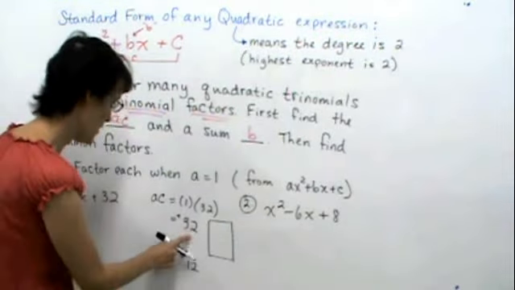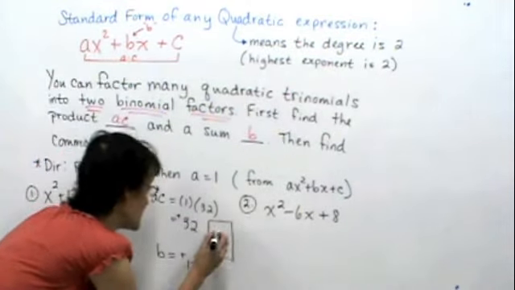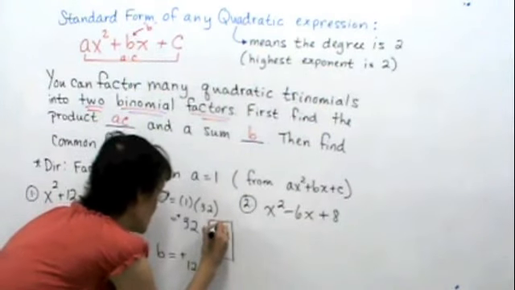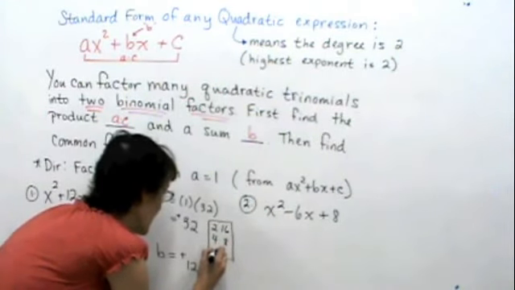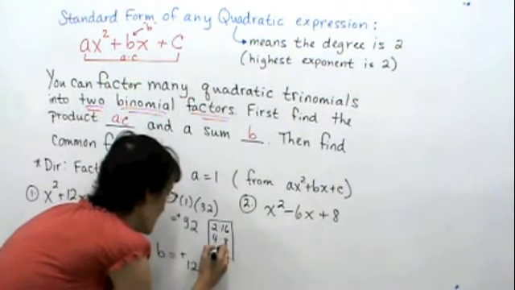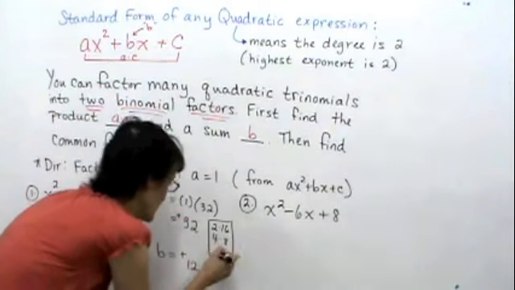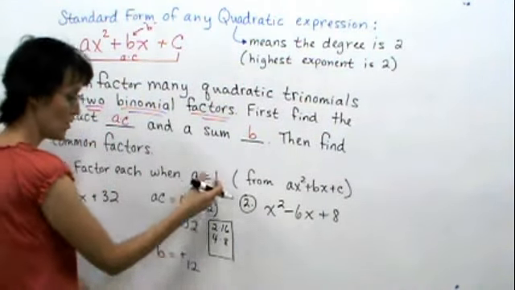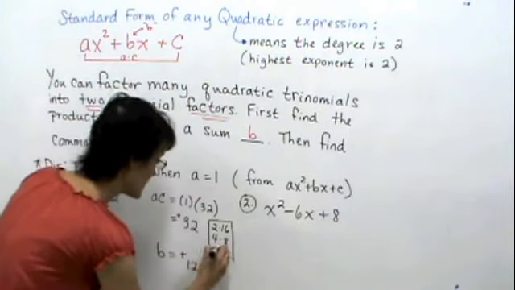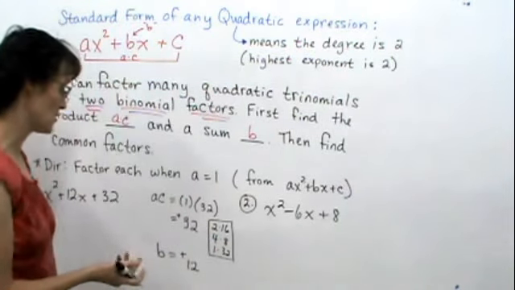So we got 32. We have 2 times 16, or we've got 4 times 8. So we've got 2 times 16 and 4 times 8. You go ahead and list your other factors, 1 times 32, and so on.